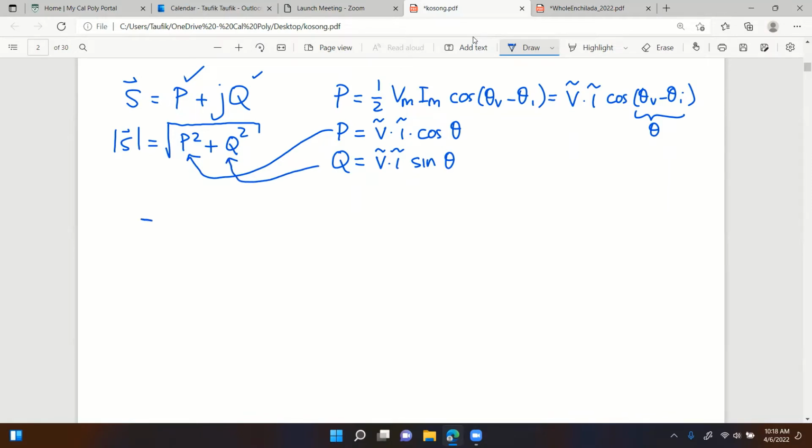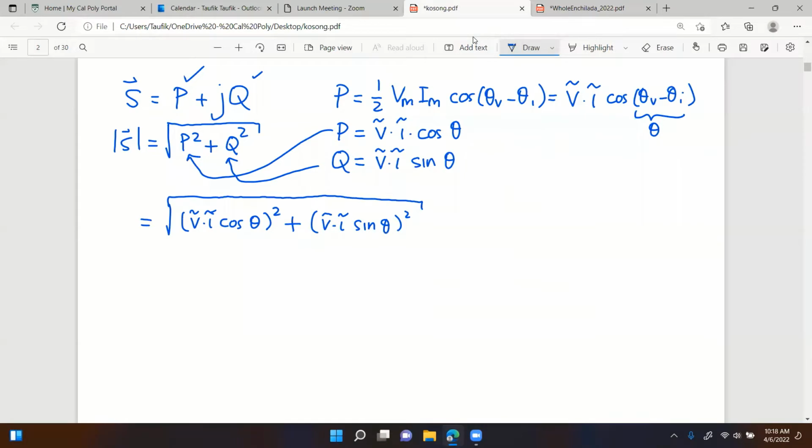Then I get the square root of VI cosine of theta squared plus VI sine of theta squared, the whole thing under the square root.